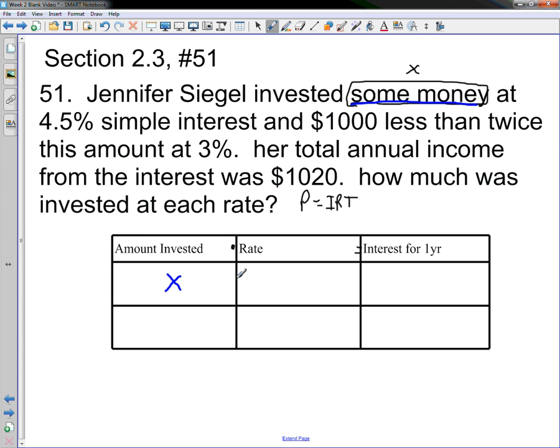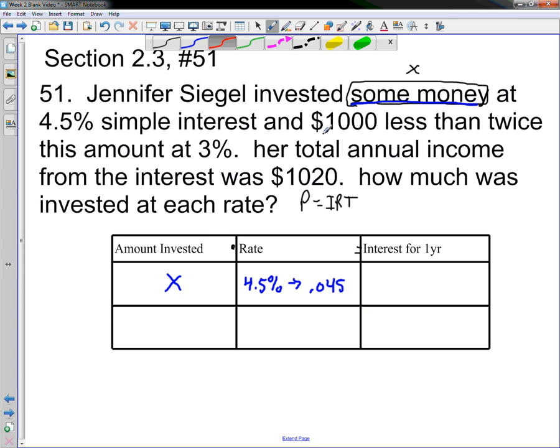And we do know the rate, which is 4.5%. When we're working these, we want to take our percent and turn it into a decimal. So we slide the decimal twice to the left, which gives me 0.045. Okay, so that's the first investment.